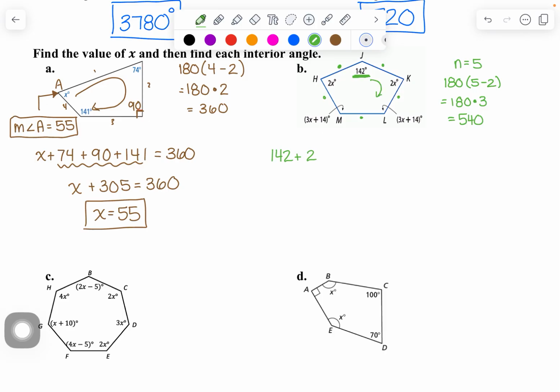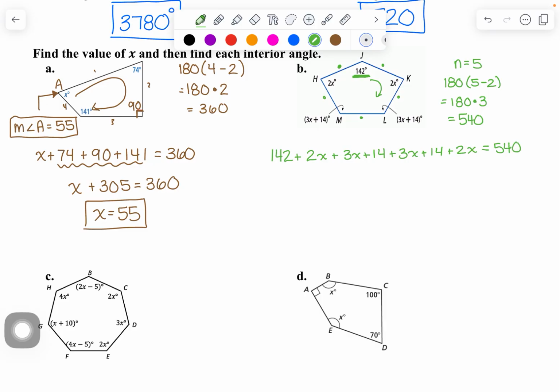So the next one would be 2x, 3x plus 14, another 3x plus 14, another 2x. That is 5 angles I added together, which makes sense for a 5-sided polygon, for a pentagon.